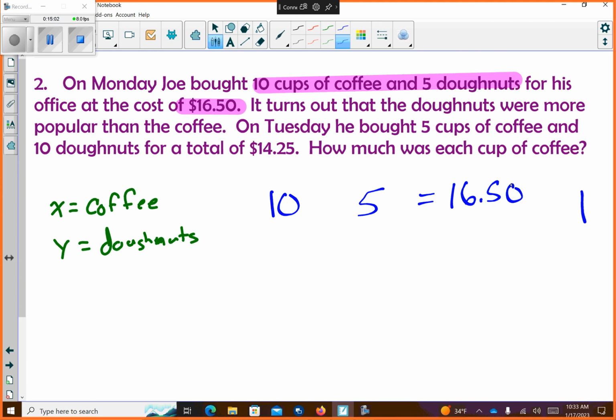He bought how much coffee in this situation? 10. And we said coffee was X or Y? X. So you bought 10X. And donuts we called what letter? Y. So 10X plus 5Y cost me $16.50. Okay? Do you feel comfortable with what we highlighted and how we got the equation out of it?